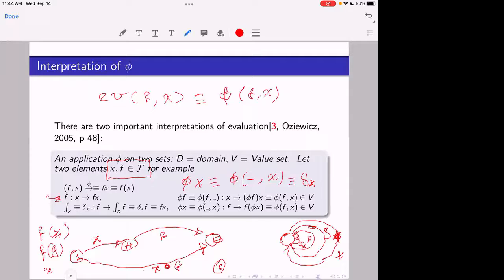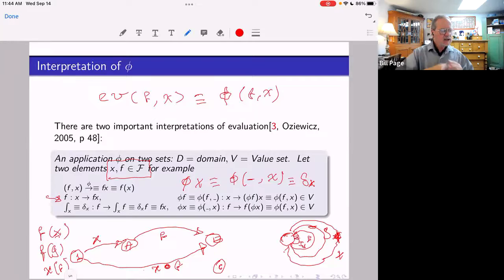For example, X of F. Yes. So to write X of F is strange, right? It is unusual.